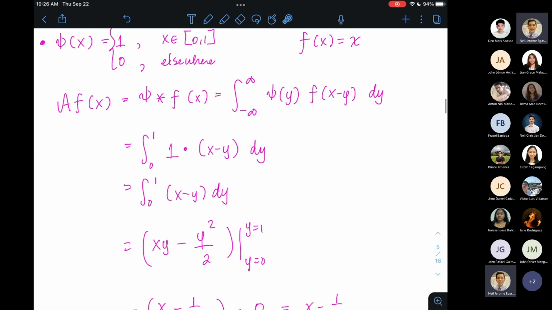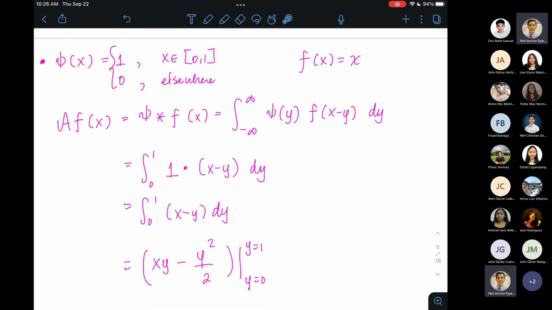So that's how the convolution operator is performed. And actually here we solve a forward problem. So we know the process. The process is a convolution operator with respect to the hat function psi, the unit hat function psi, and our input is the identity function x. Sinolve natin yung forward problem of looking at what's the effect of the convolution process doon sa identity function.